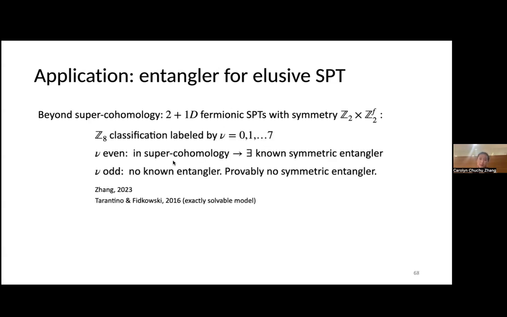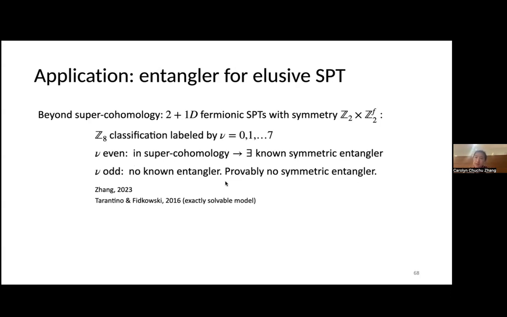When nu is even, the SPT falls into this supercohomology classification, and we know how to construct a symmetric entangler. However, when nu is odd, it doesn't fall into this supercohomology classification, and we don't know how to entangle this SPT. And provably, you can show that there's no symmetric entangler.